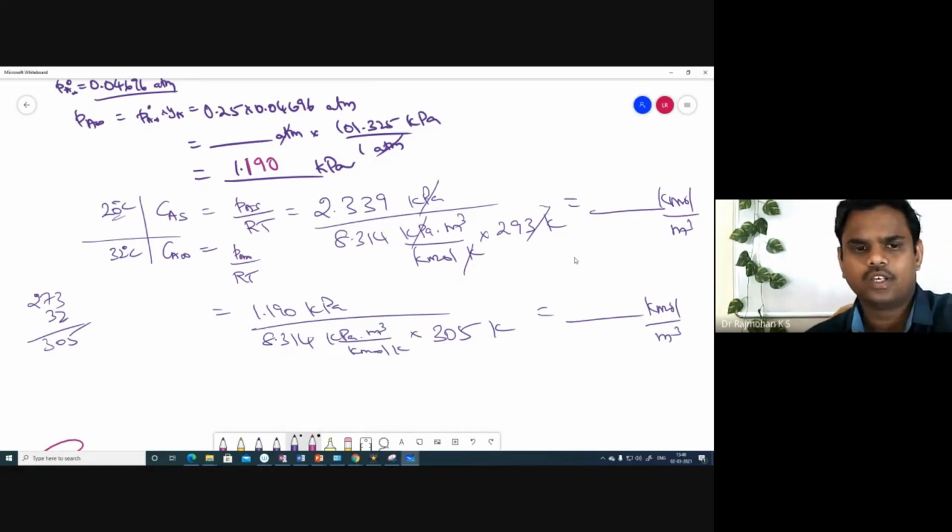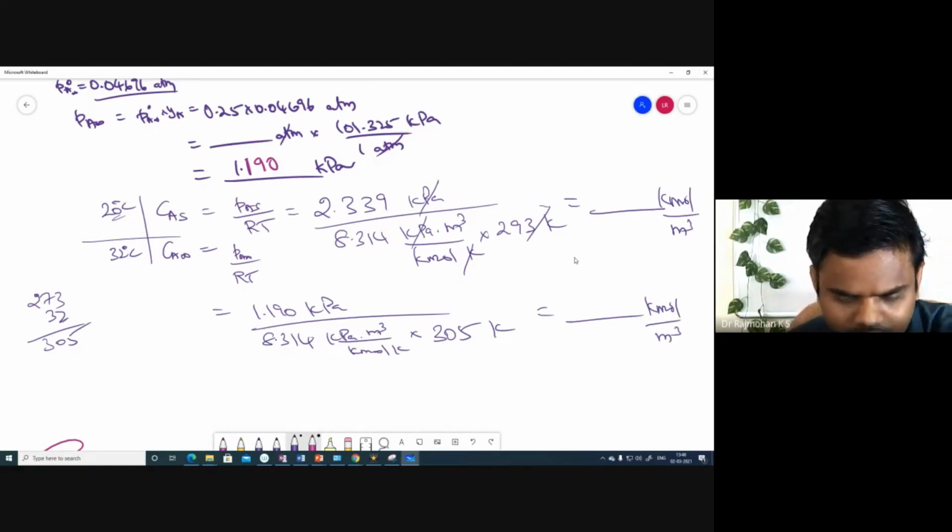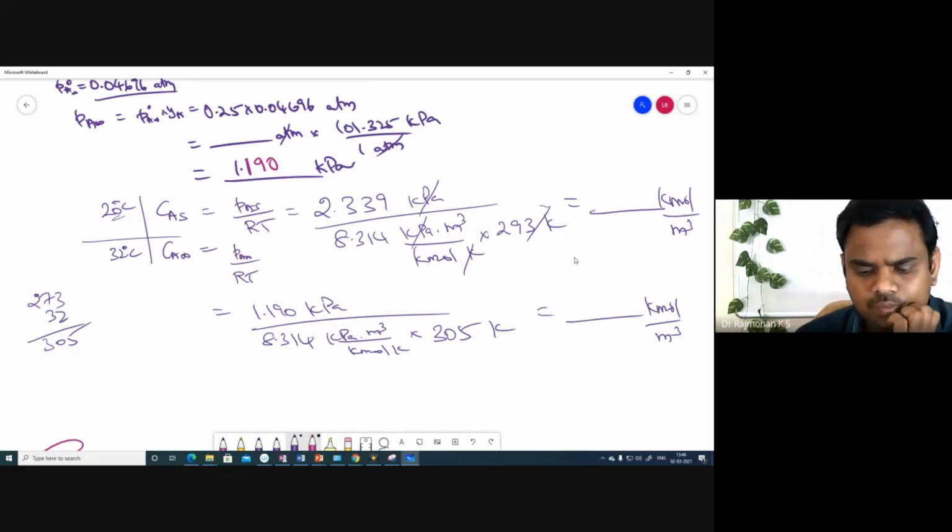So get your values, CAS and CA infinity. We will have the CAS value equal to 9.6 into 10 power minus 4, and 4.691 into 10 power minus 4.